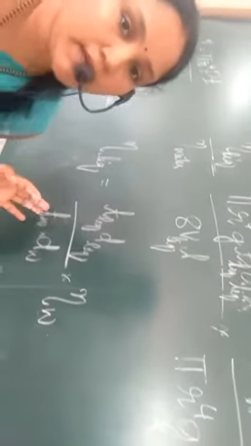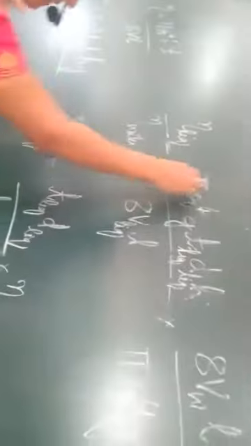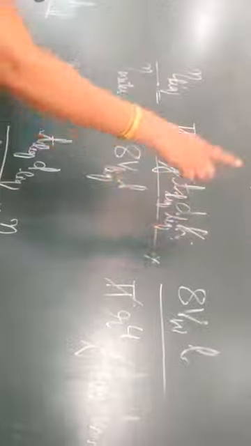Now I will reduce this formula, cancelling out the constants. Let us see here. The pi and pi will get cancelled. Gravity, g and g, will get cancelled if you don't change the place of measurement. The height of the capillary will get cancelled. You have to be sure that you are using the same viscometer.